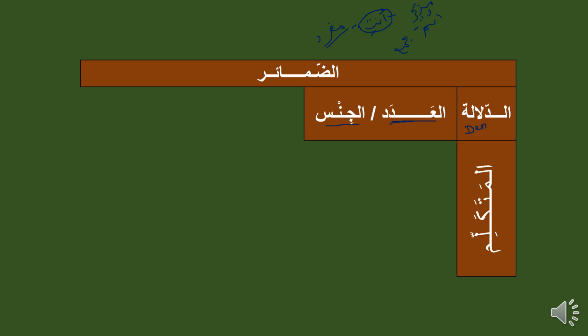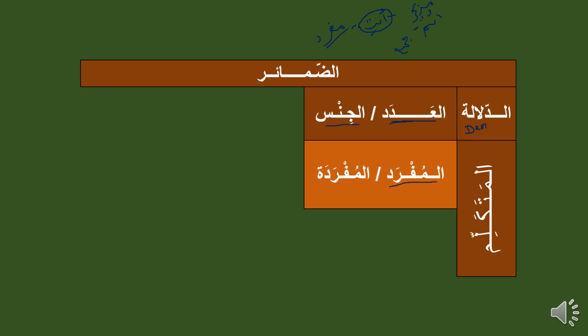So under this al-jins also we have al-mufrad. So you can see the mufrad now is under the mufrad or mufrada. Mufrad means singular, which is also masculine, singular masculine. While mufrada, al-mufrada too also means singular, but this one is feminine. You can see the ta marbuta there that differentiates the masculine and the feminine.